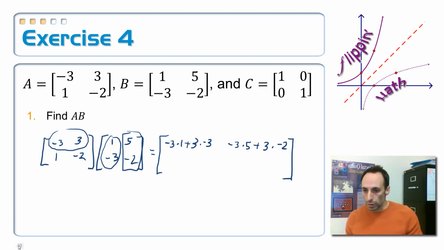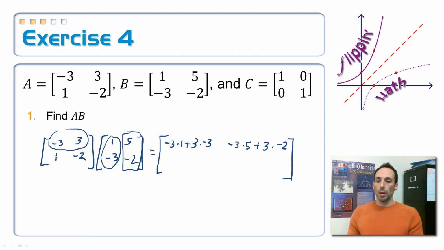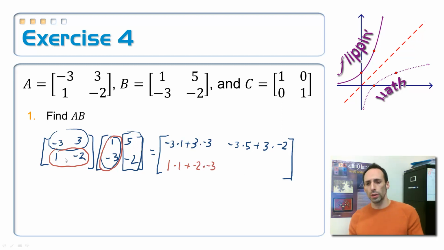Now I'm going to move on, change colors. How about red again? I'm going to move on to the second row, multiply it times the first column. 1 times 1 plus -2 times -3. And then move on to second row times second column. 1 times 5 plus -2 times -2.